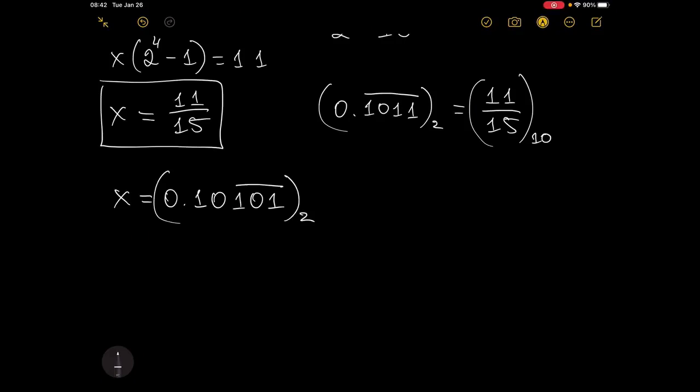Let me transform it to the decimal representation. So once again, if the repeating part would start immediately after the radix, I would know what to do, right? But here, really, you're doing exactly the same thing.